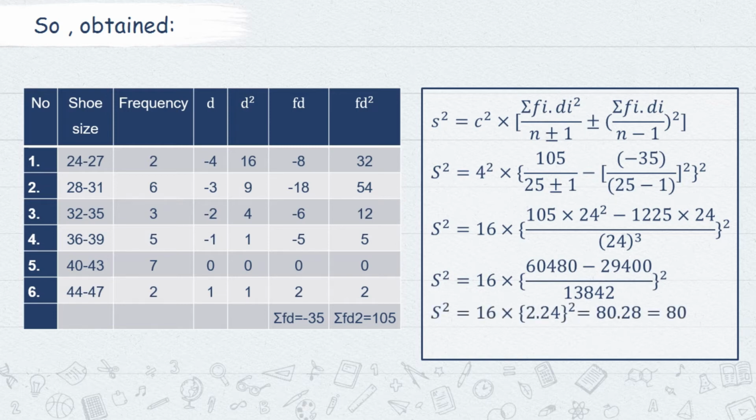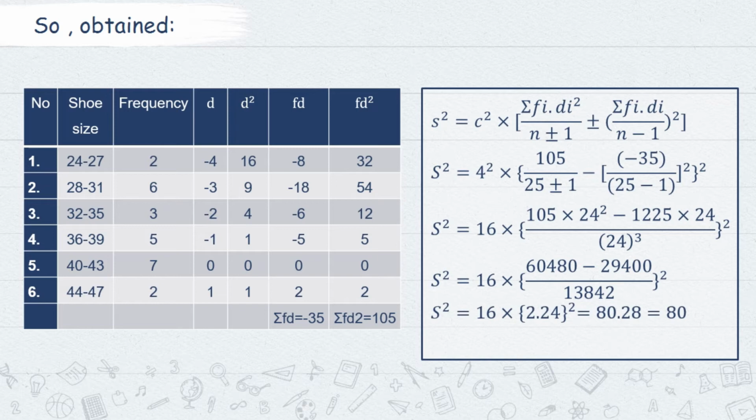So the result is S squared equals 16 multiplied by 2.24 squared, which equals 80.28.